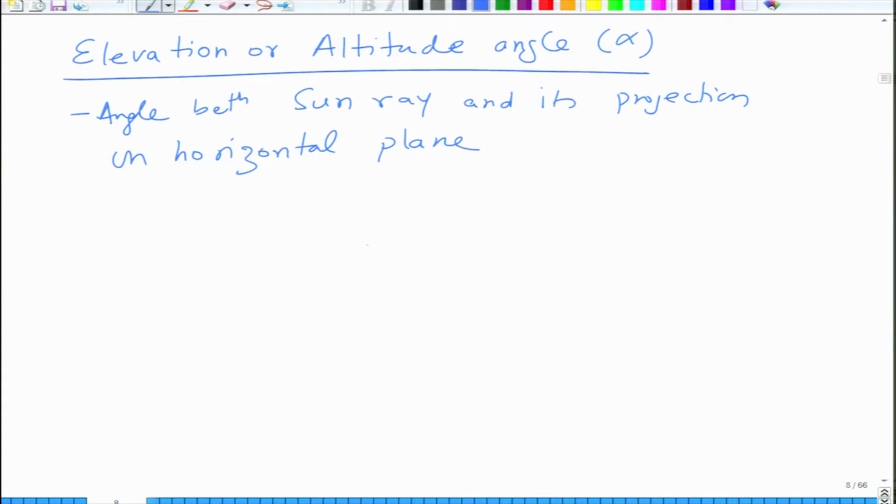So let us say this is the vertical, this is the horizontal plane, this is the sun, and this is the sunbeam that is coming. So this is the value which is called elevation. You can say this is alpha.